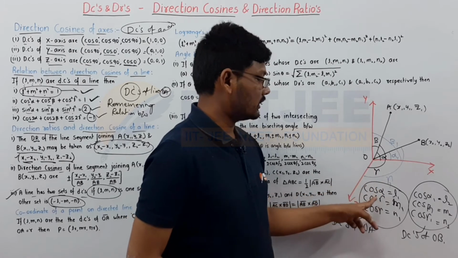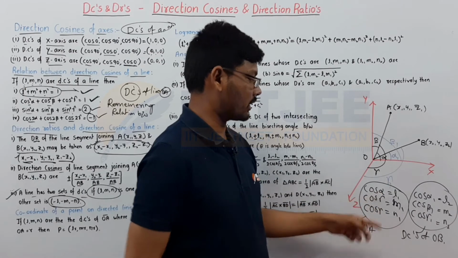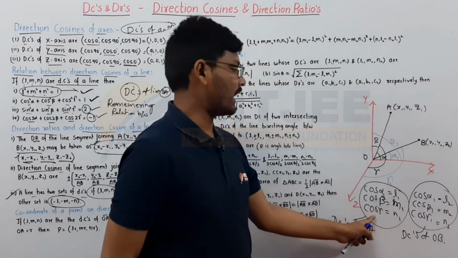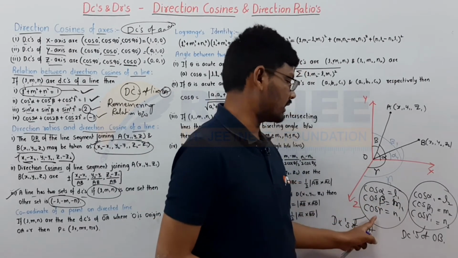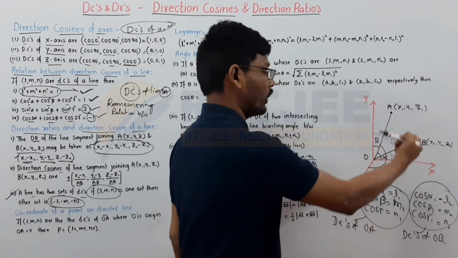The cosines of these angles are cos alpha, cos beta and cos gamma. Cos alpha is equal to L1, cos beta is equal to M1, cos gamma is equal to N1. These are the DCs of line OA here.